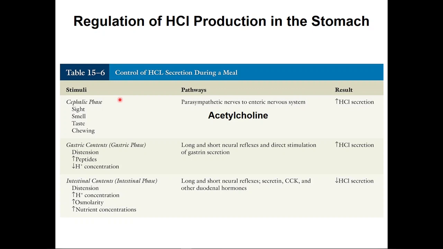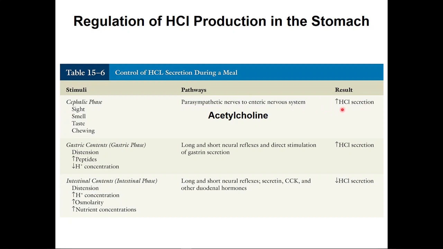It's actually the thought processes, the sensation of food through smell, even the taste of food, just thinking about food. Believe it or not, these things are going to trigger the parasympathetic nervous system. That activates the enteric nervous system, which is in the entire GI tract, and that will trigger acetylcholine release onto the enteric nervous system, and that actually increases gastric acid secretion.